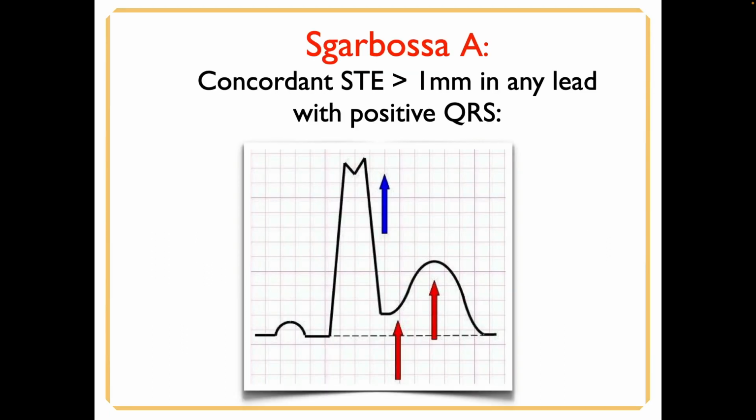Okay, Sgarbossa A only applies, first of all, if you have a left bundle branch block, right? If you have a left bundle branch block and you're checking for Sgarbossa A, what you do is you go through and find all the QRSs that are mostly or entirely positive.